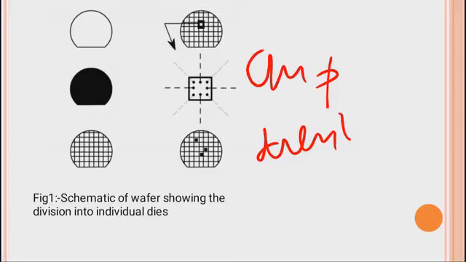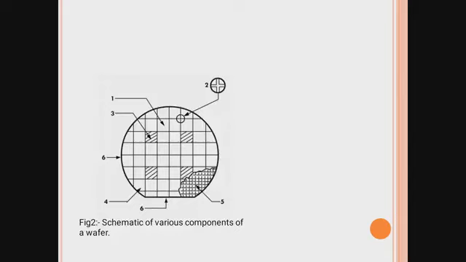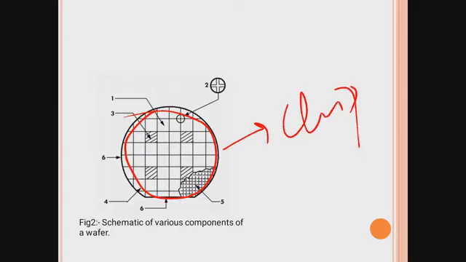The terms die and chip on the wafer surface are most commonly used interchangeably to refer to one standalone unit on the wafer surface. This is the basic wafer, and these are the sectors, and each sector is called a die or chip, and each chip is connected to other chips by electrical contacts.